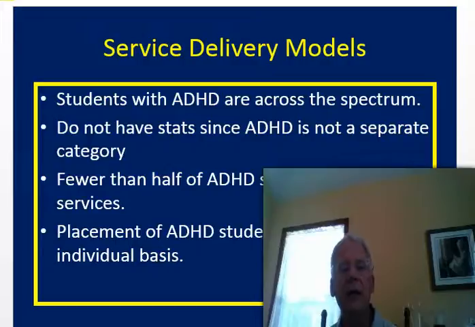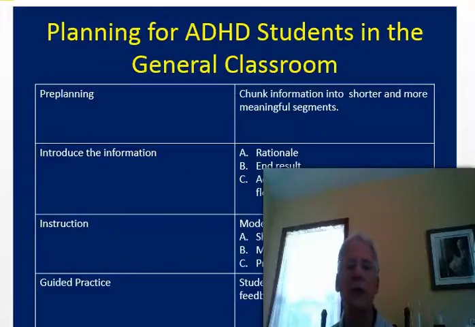Slide 70 talks about some of the delivery models. Students with ADHD are across this particular spectrum. Again, it's not a separate category. Fewer than half the ADHD students receive services, and placement of ADHD students should be on an individual basis based on the medical information, the rating scales, the observations, those kinds of things.